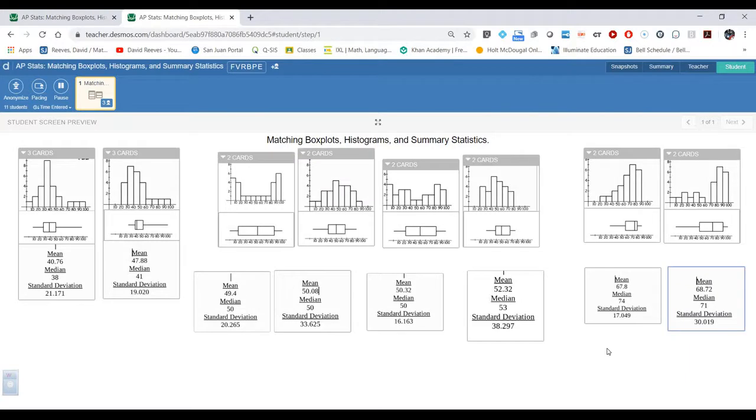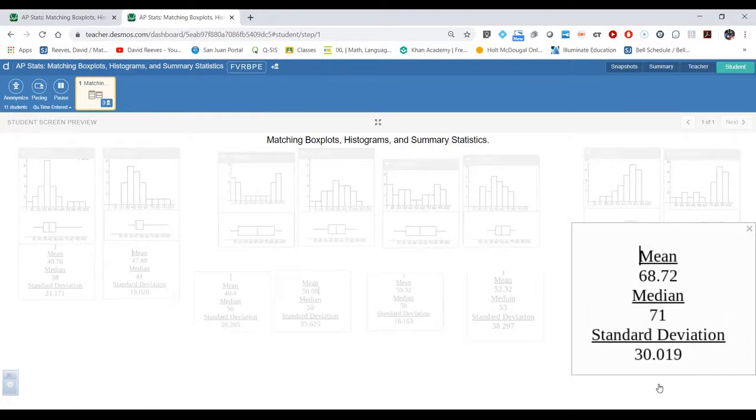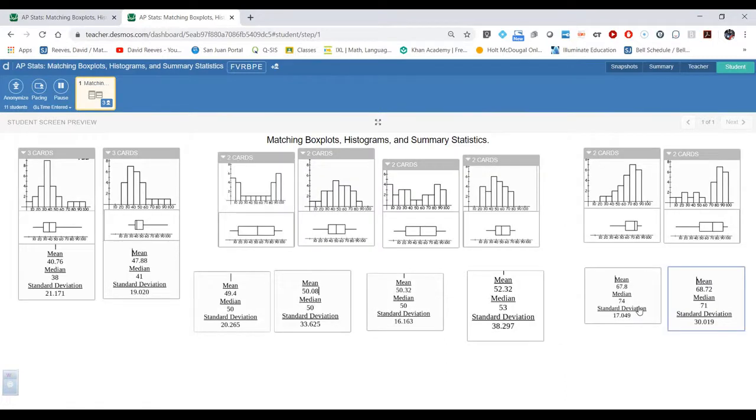But even more than that, take a look at the standard deviation. The standard deviation on this one is 30, and the standard deviation on this one is only 17. Remember, standard deviation is a measure of spread from the mean. How far are we from the mean, right? So here we are.